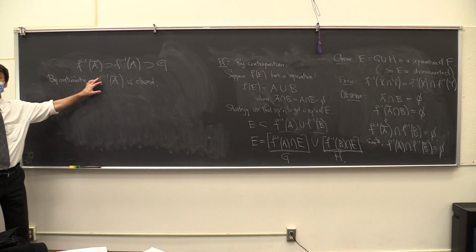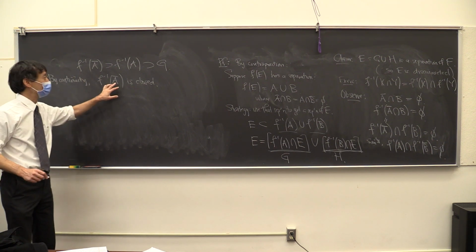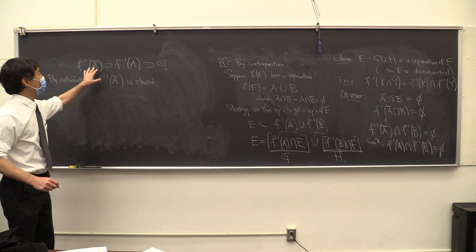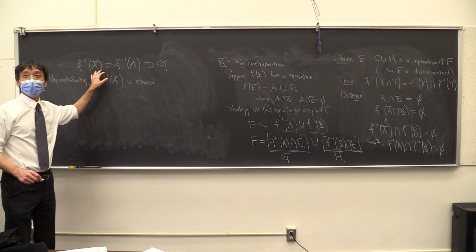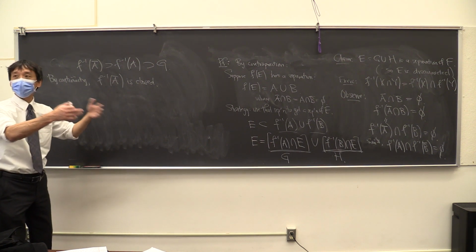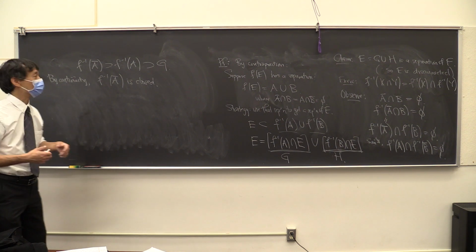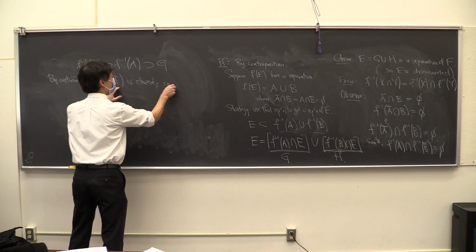This is the place where we use the continuity. This is the only place, and this is the important place where we use the continuity. This is closed because we're taking the inverse image of a closed set. Continuity means that when you take an inverse image of an open set, you get an open set. Inverse image of a closed set, you get a closed set.